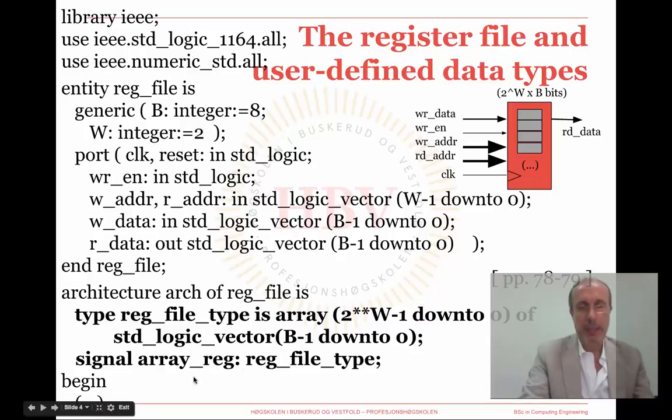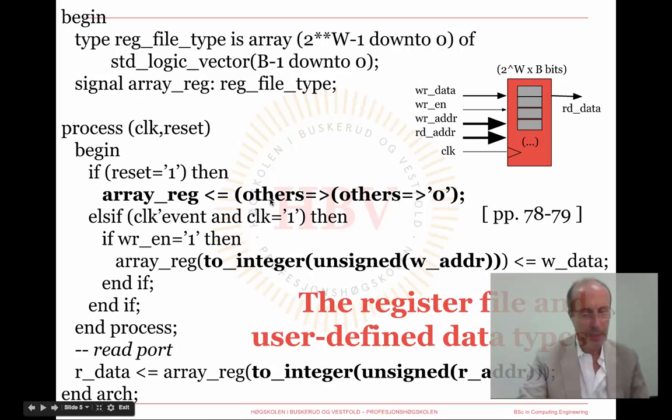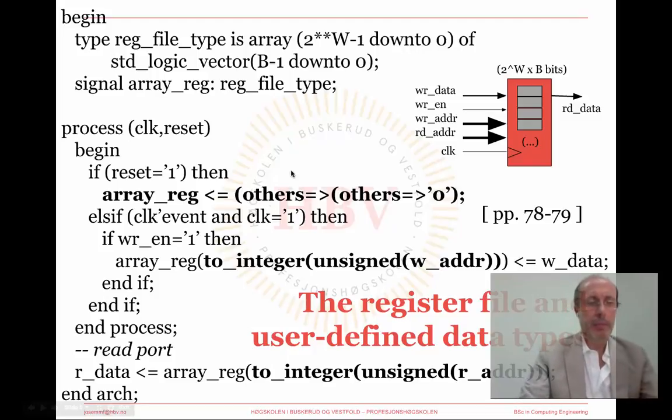We can now declare an array register signal, which is of the register file type that we have just defined, and use it later in our architecture description, as we will see now.